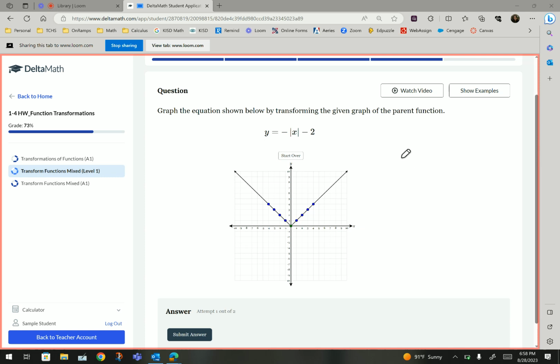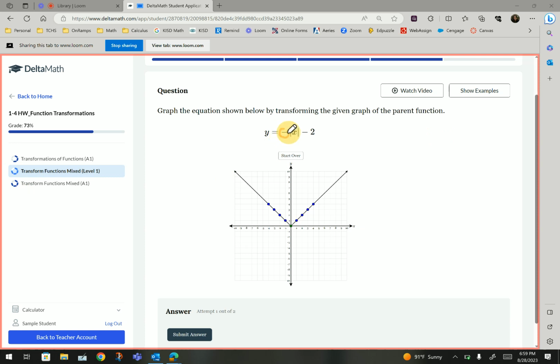So your parent function on the parent guide handout is y equals absolute value of x. Look at your handout and you'll notice that it's actually y equals absolute value of x. Now, what has happened is that some other things have been added on to this problem.